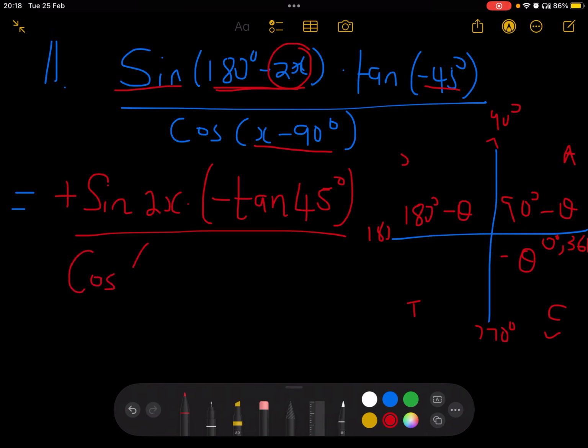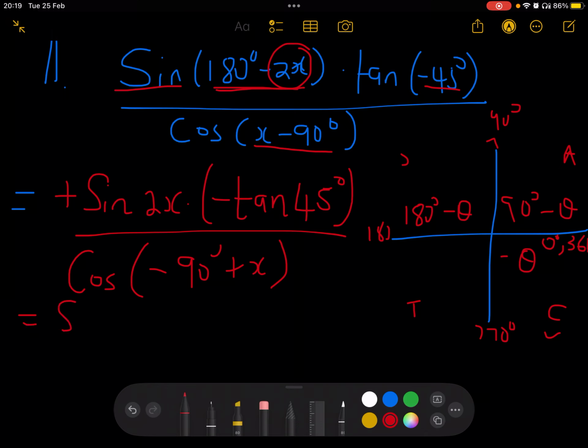When we have negative angles like tan of negative theta, it means this is negative tan of theta, but here we have 45, so negative tan 45, all over cos. This is what I do when I have the rearranged format whereby it starts with a variable followed by an angle. I will rearrange and factorize, by rearranging I mean writing it as minus 90 plus x.